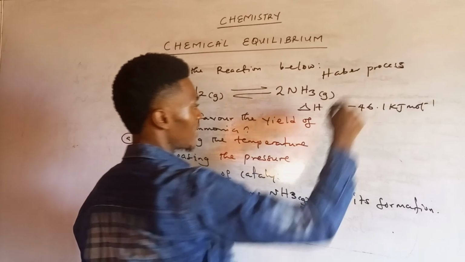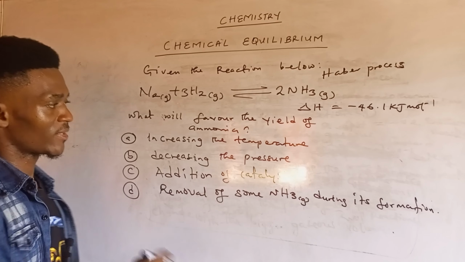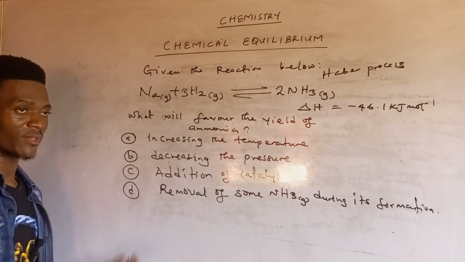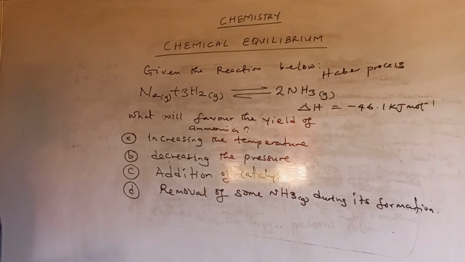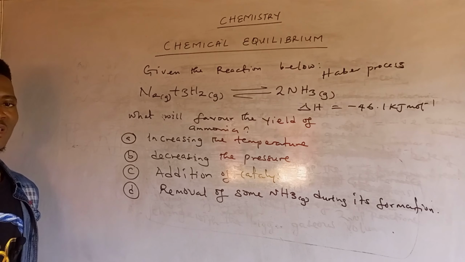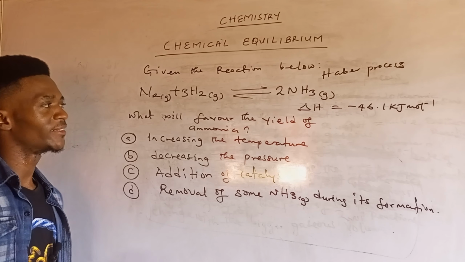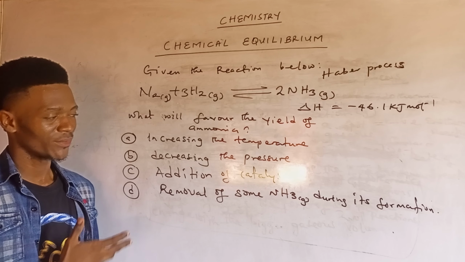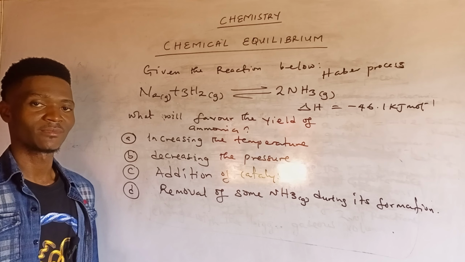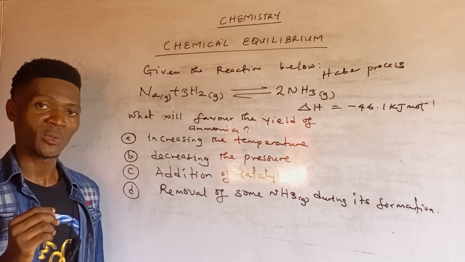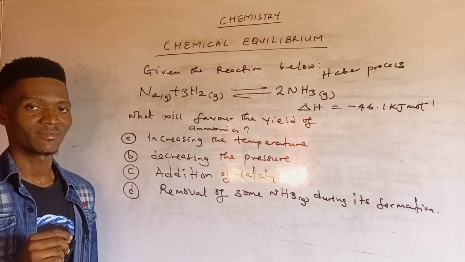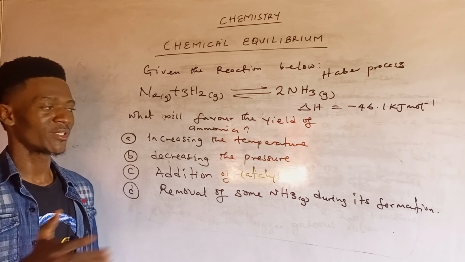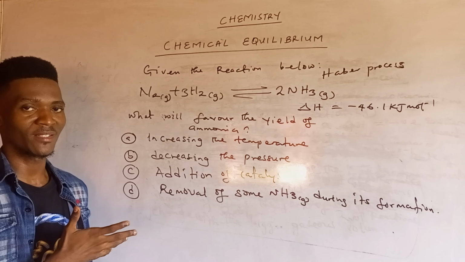We still have other processes like the contact process and the rest. We can still check for some questions on that too. All right. Now, looking at this question, just take a deep breath and try to see how you can figure out the answer to the question. Take like 20 to 30 seconds. I believe some smart ones won't even waste time getting the answer to this.